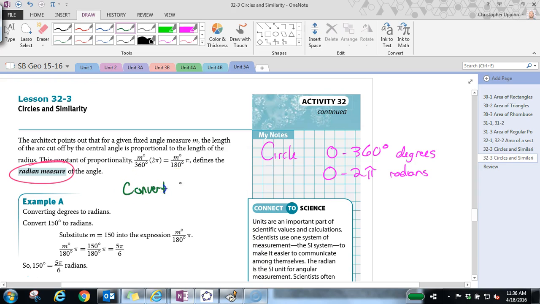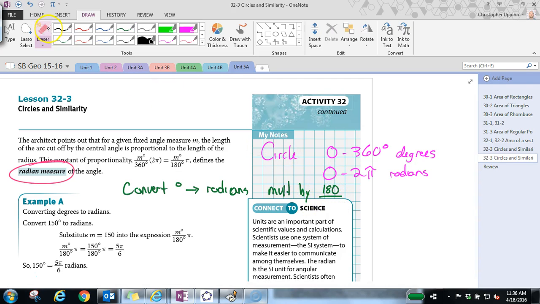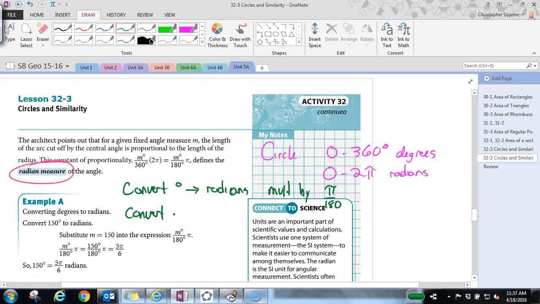To convert degrees to radians, multiply by pi over 180. To convert radians to degrees, multiply by 180 over pi. So same thing, but upside down.